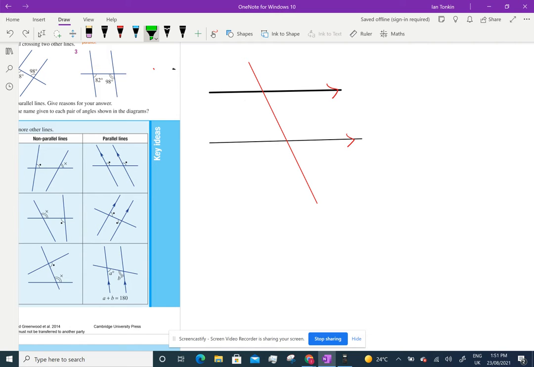This angle and, hold on, let's go this one first. This one and this one are equal. And again, look at the F. It's the upside down F.